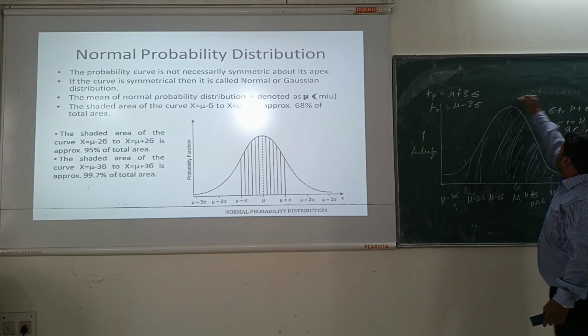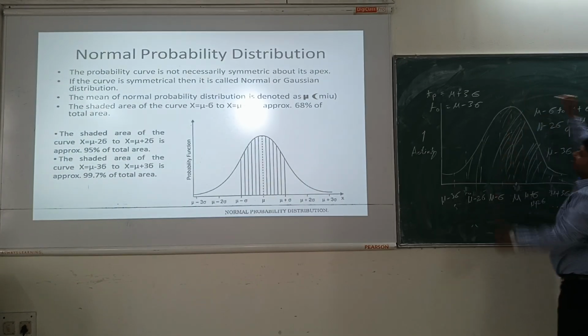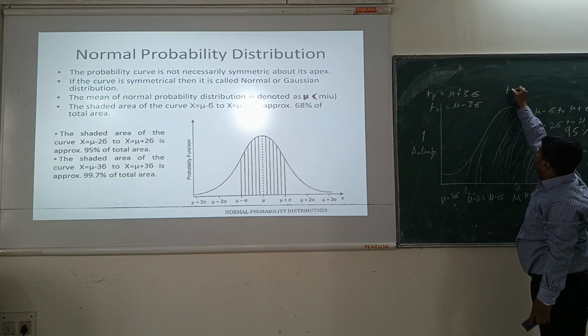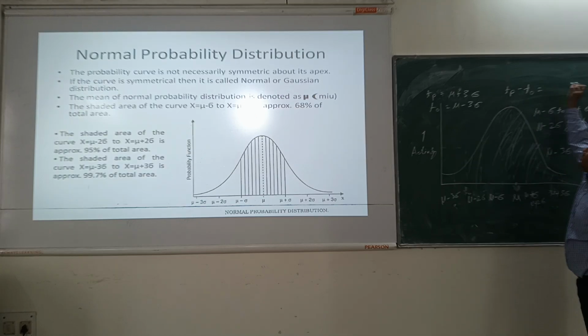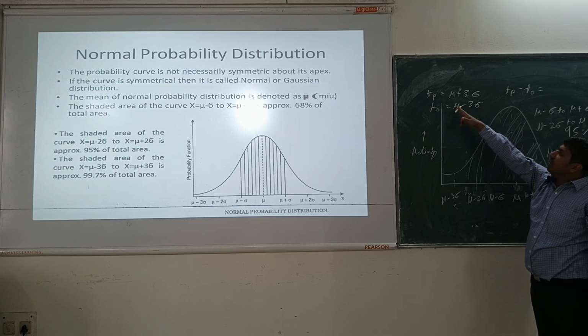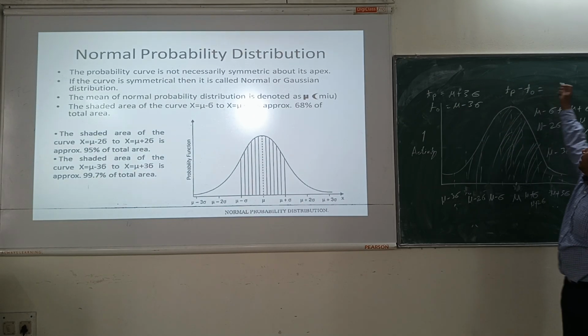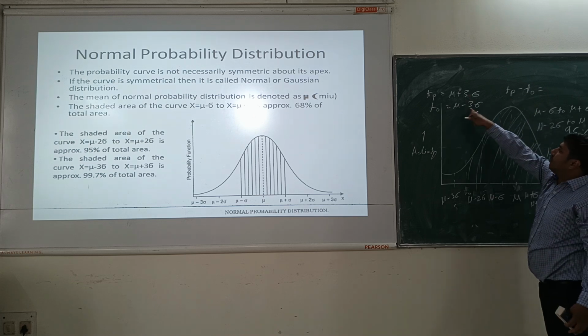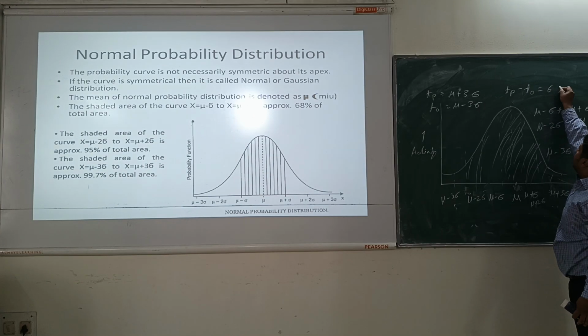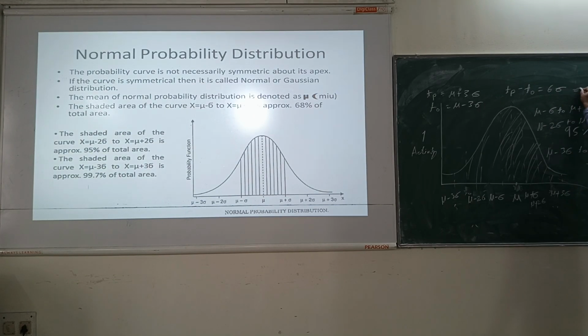So you subtract the pessimistic time with the optimistic time. See, so mu minus mu will get subtracted, so it becomes 3 plus 3, 6 sigma. So the standard deviation sigma will be tp minus to divided by 6.